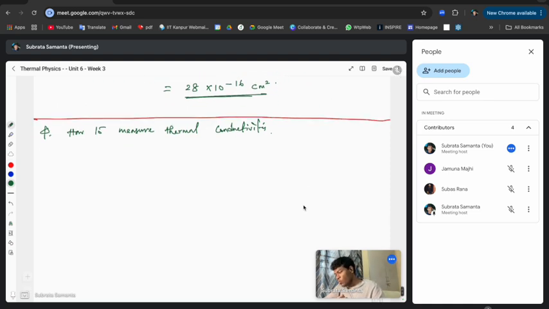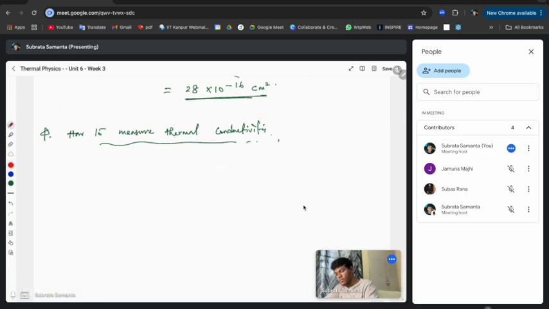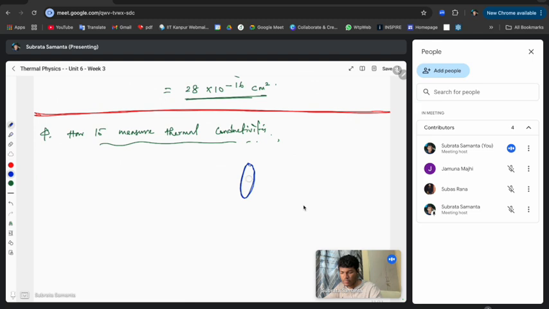So let's consider two coaxial cylinders. Let's say this is one of the cylinders, the cylinder A, and this is the axis.